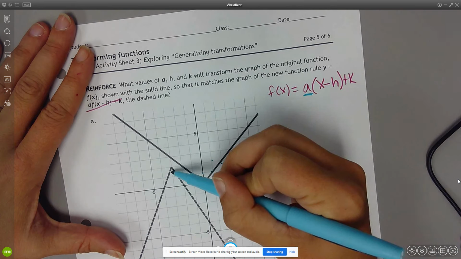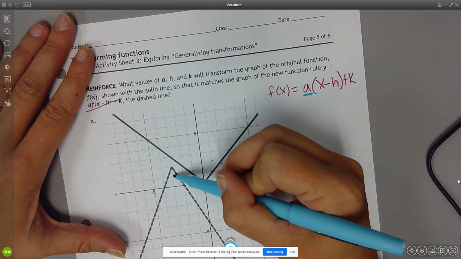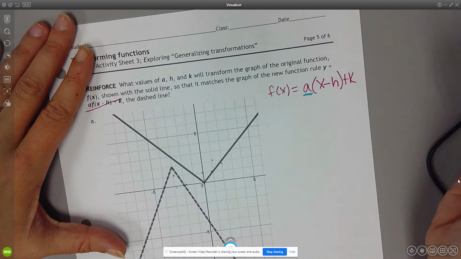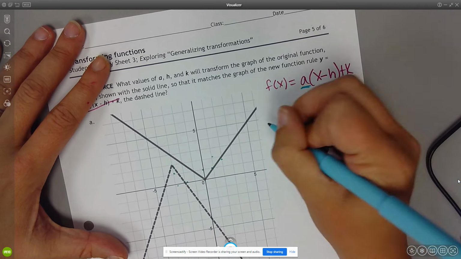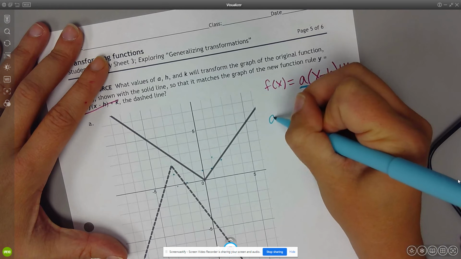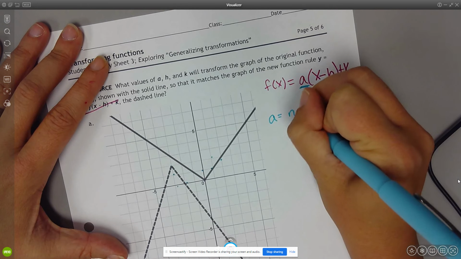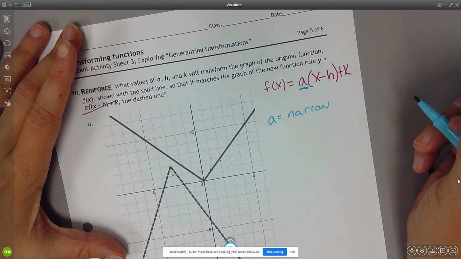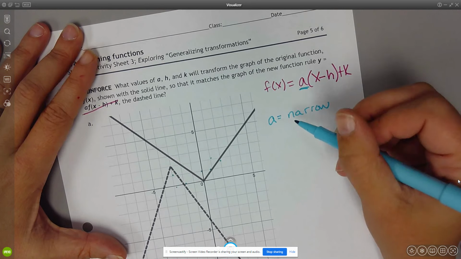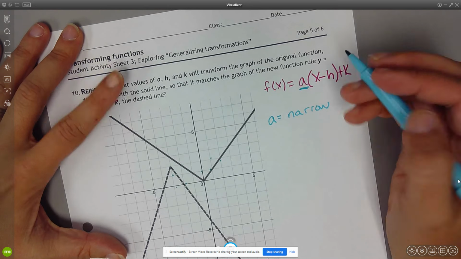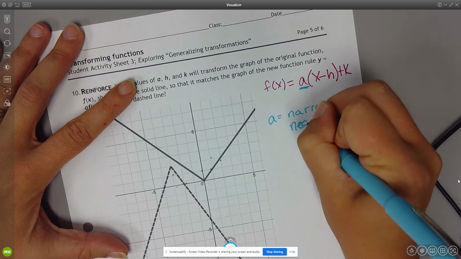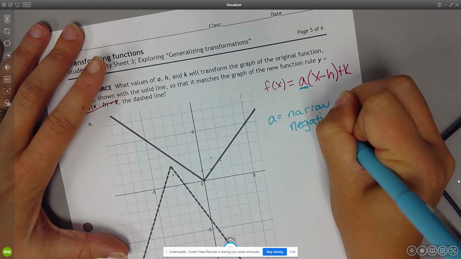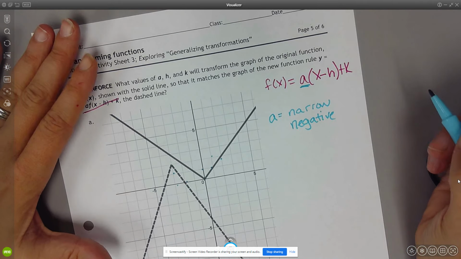So here I'm going to go up 1, up 2 over 1. So it's actually narrower. If it helps you guys, just make some notes. It's narrow. And it also is negative. Those are the first things we have to look at here.